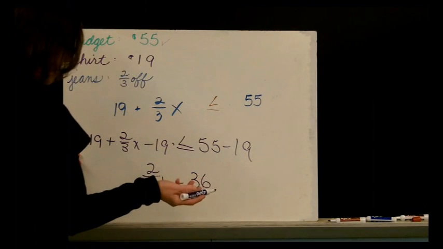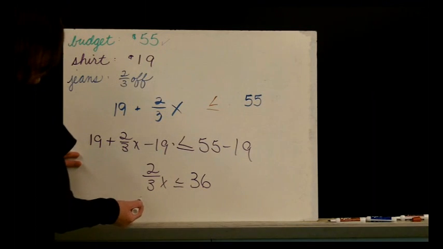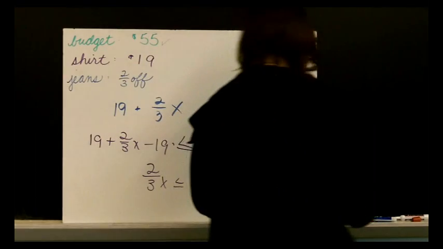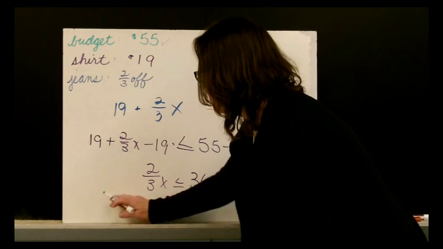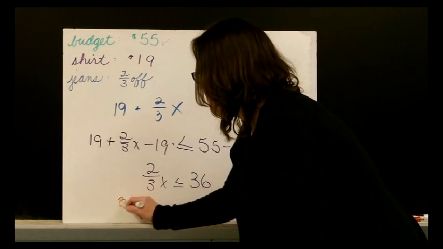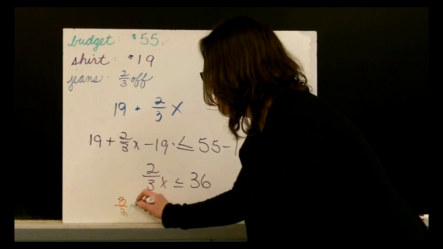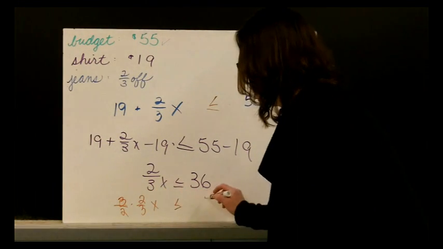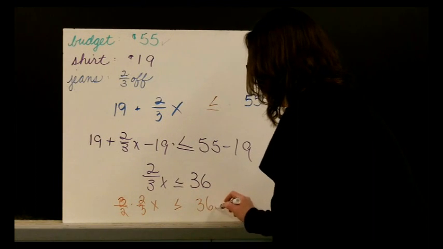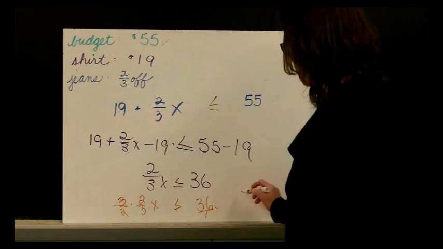Now, as I referenced before, we're going to use the multiplicative inverse to solve this. That means we're going to multiply both sides by 3/2. The 36/1.